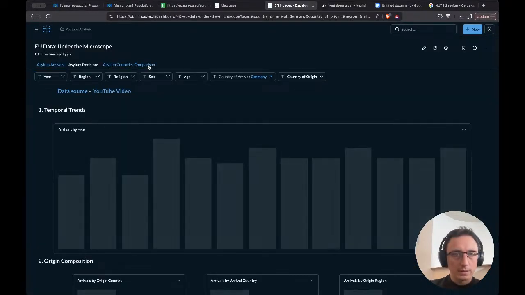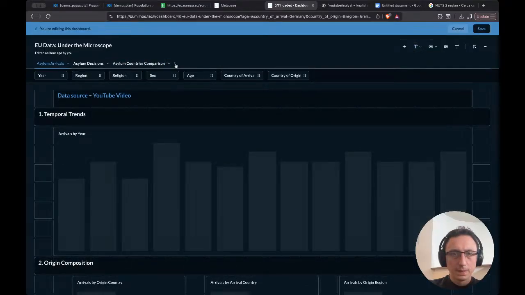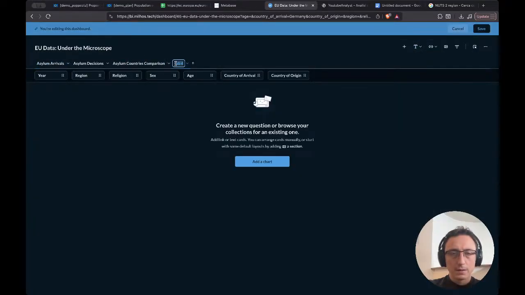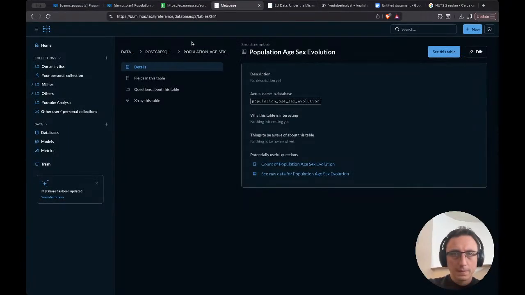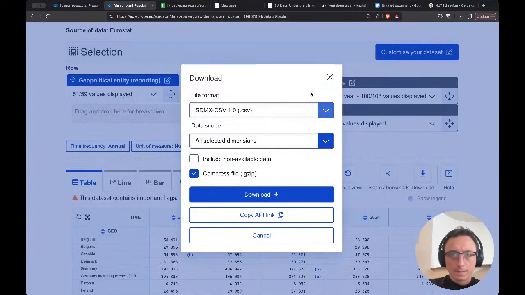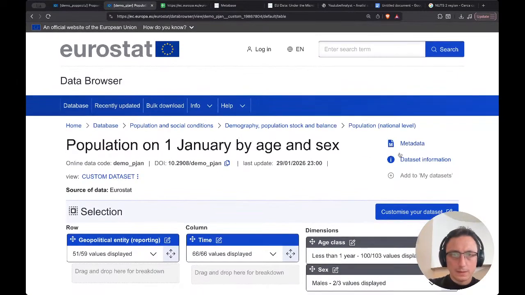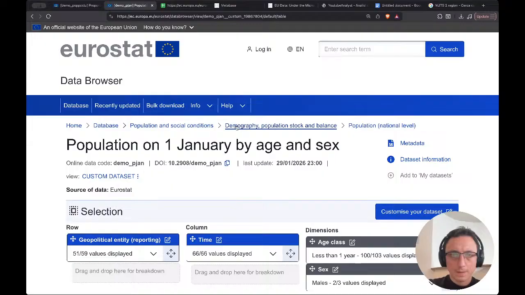What we can do, we can start to create a dedicated tab, demography evolution.